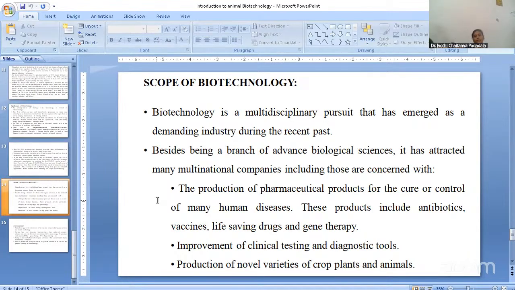These products include antibiotics, vaccines, life-saving drugs, gene therapy, clinical testing and diagnostic tools, and the production of novel varieties of crop plants and animals.